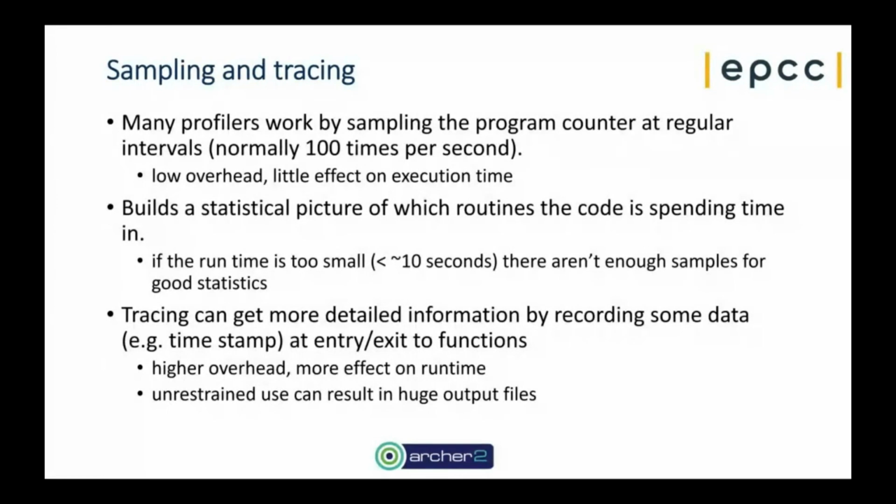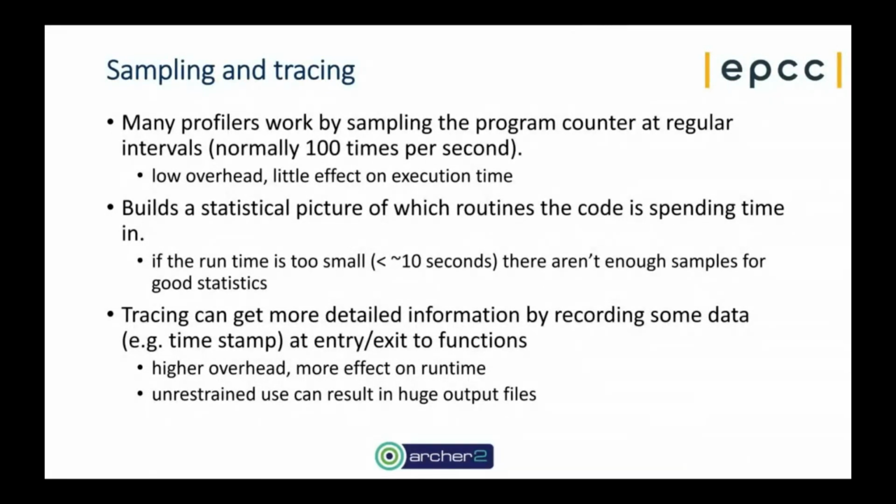So sampling is every so often interrupting the program when it's running and asking where the program is in the code. So the program counter, which is the thing that the processor keeps track of where it is in the code, gets investigated every so many times a second.